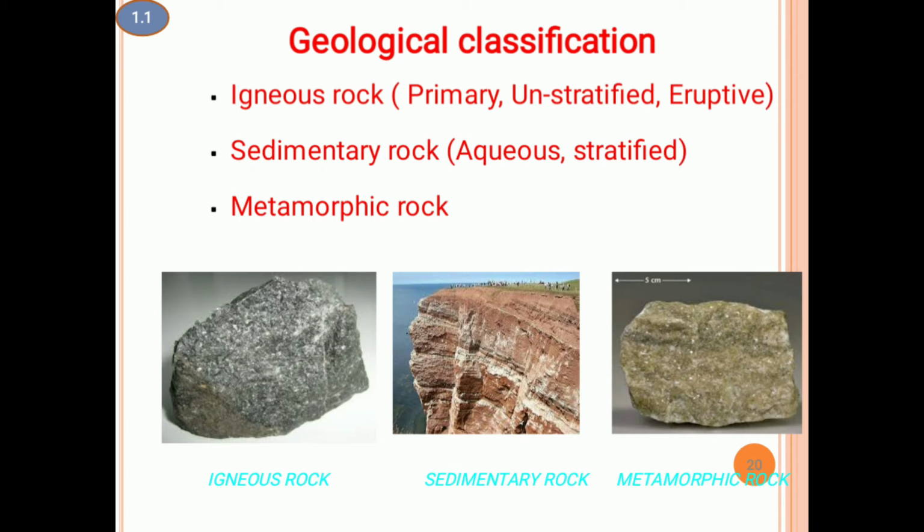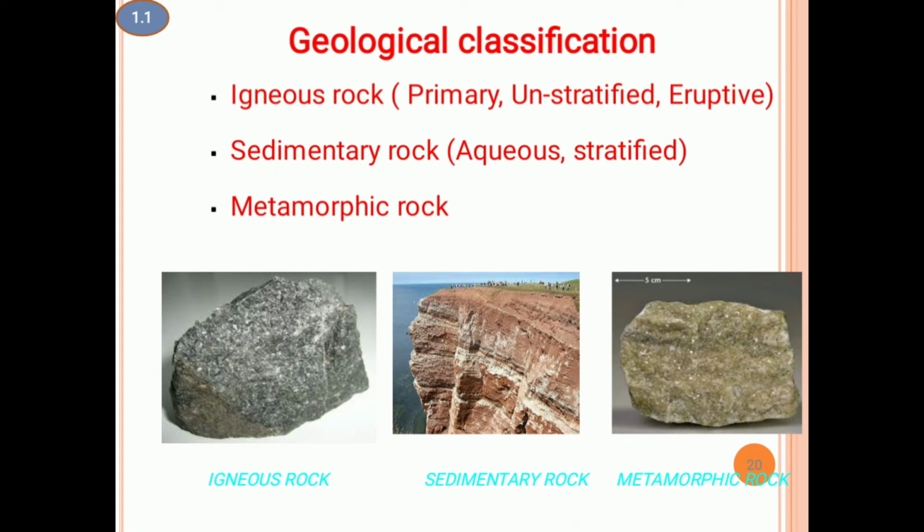Comparing the two figures, in the sediment rocks you can see the layers of formation of different materials. So what is called sediment rocks? Sediment rocks are disintegrated rocks from the igneous rocks, which get disintegrated due to many natural forces like wind, air, water, flood, and other things.